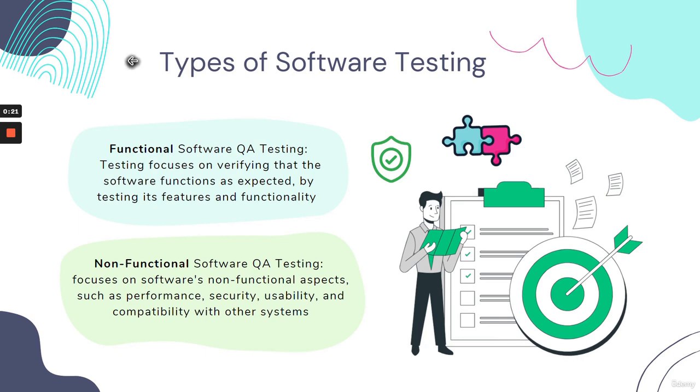Functional software testing focuses on verifying that the software functions as expected by testing its features and functionality. Non-functional software testing focuses on the software's non-functional aspects, such as performance, security, usability, and compatibility with other systems.